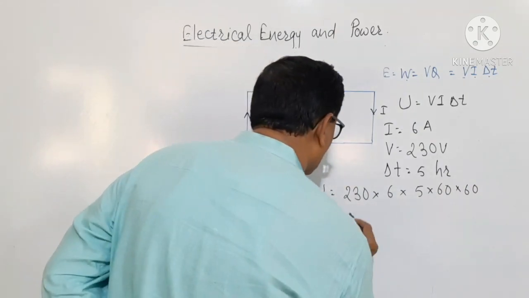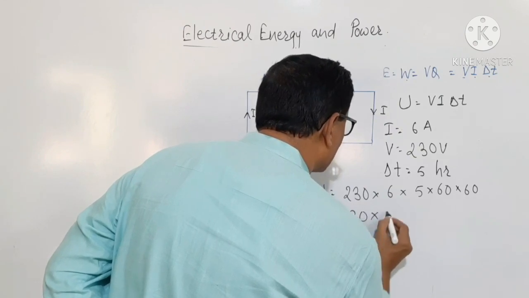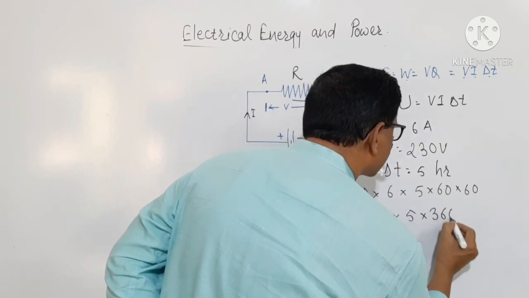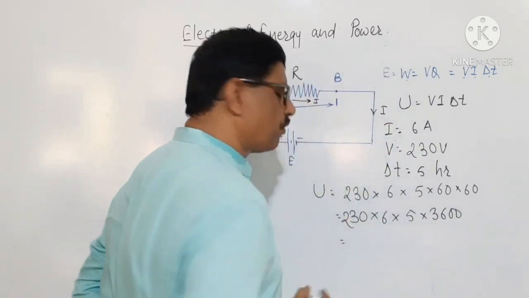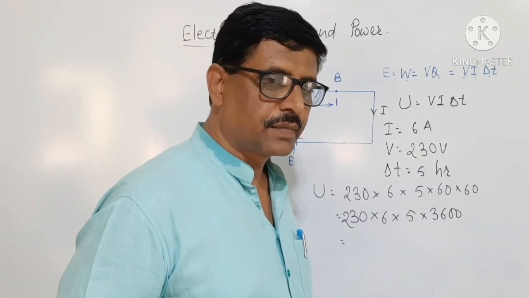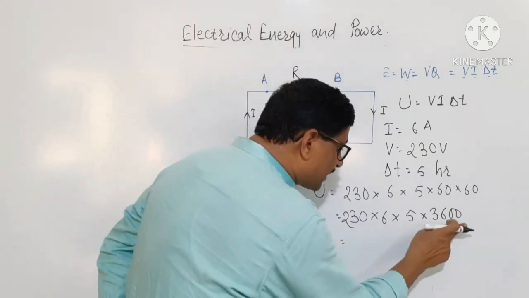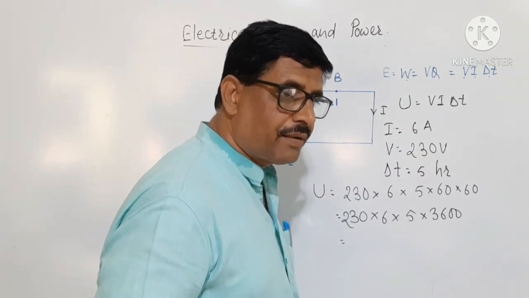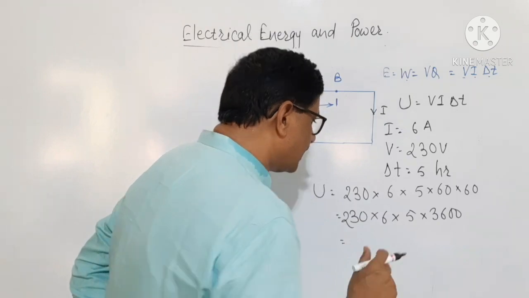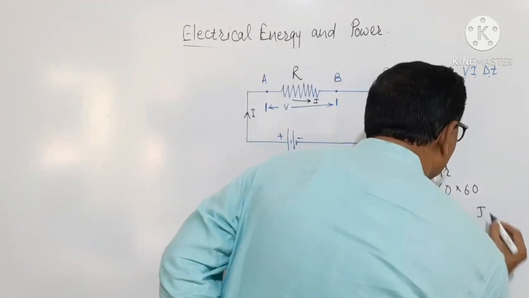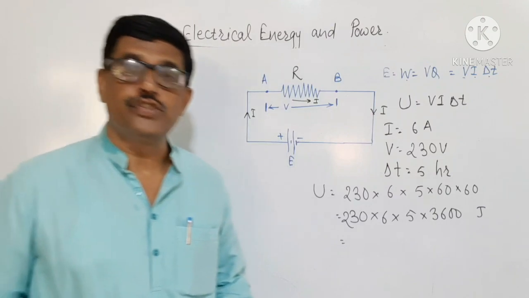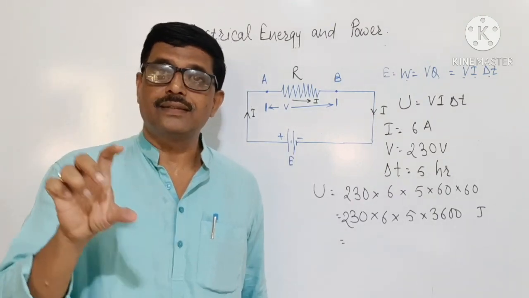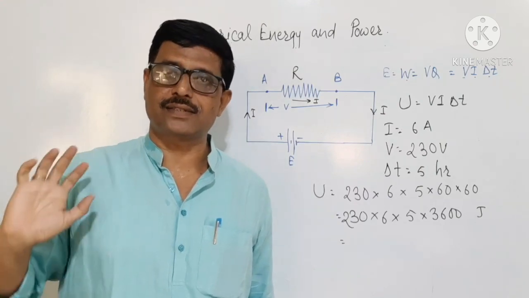This will be equal to 230 into 6 into 5 into 3600, the value that we will calculate. The value that we are going to calculate is in joules, and this much energy is consumed by the consumer to run that electrical device.